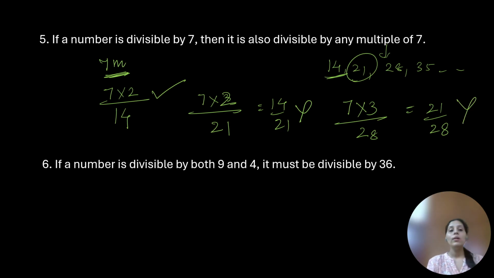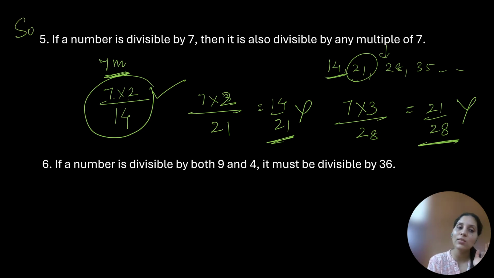No. So it is not necessary that if a number is divisible by 7, which means 7 into 2, 7 into 3, 7 into 4, whatever, then it is also divisible by any multiple of 7. It is not true. Sometimes it is true, but most of the time it is false. So the answer is sometimes. It is not true always.